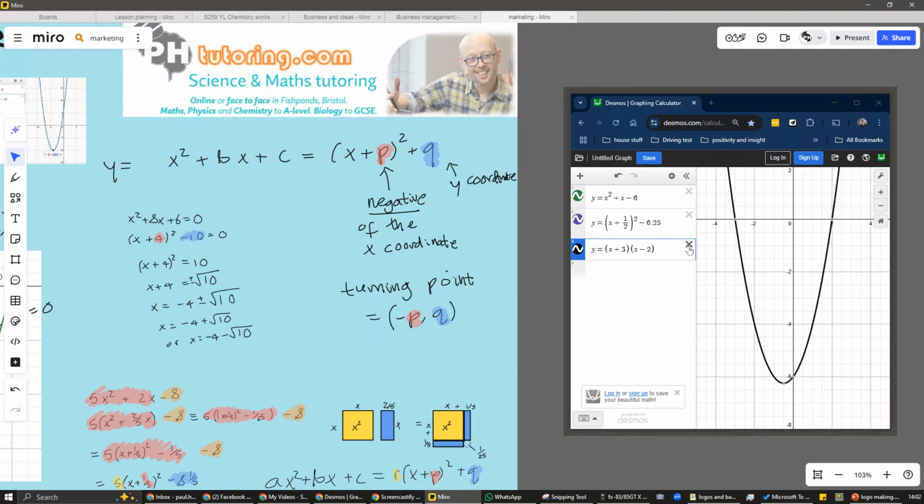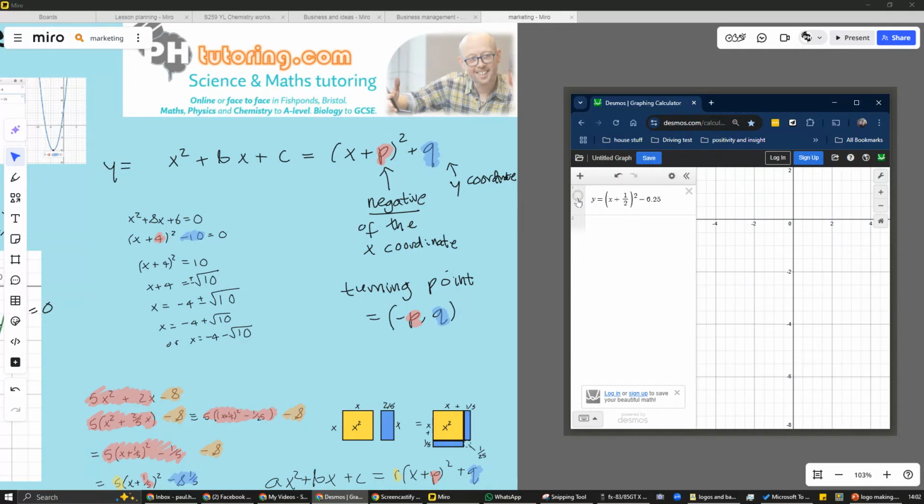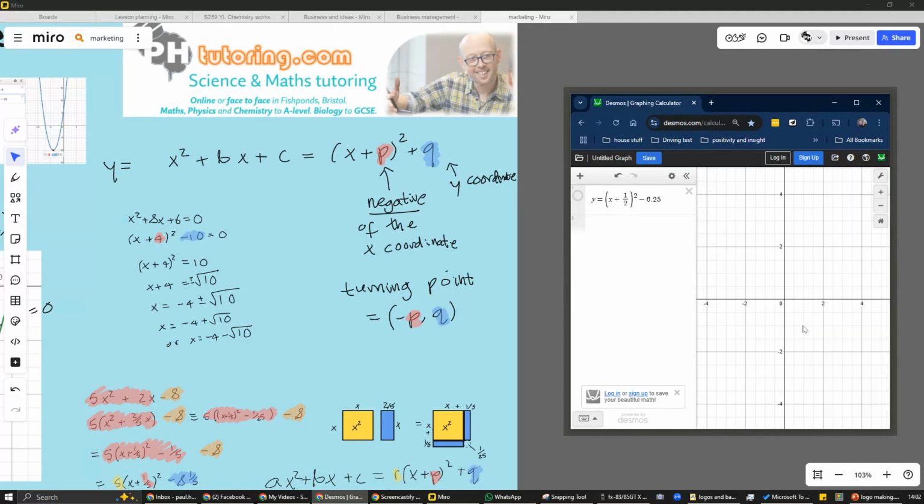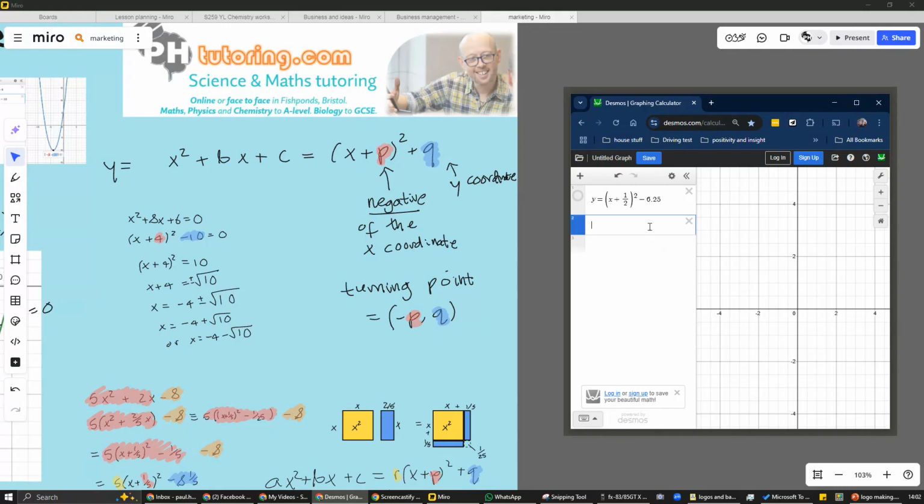I'm going to just turn it off by pressing that one there, and then plot the most basic quadratic equation, which would just be y is equal to x squared. Now we're going to see what happens if we minus a value from it, like minus 4. It goes down 4. Minus 3 goes down 3, right?